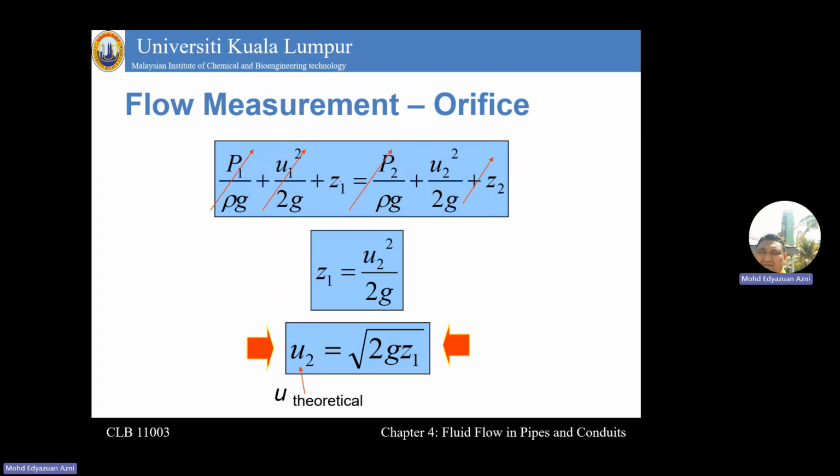At the end, what we still have is Z1 and also U2 squared over 2g. After some modification, we know that the velocity U2 is equal to the square root of 2gZ1. This is the value of velocity, and for the orifice we also call it the theoretical velocity.